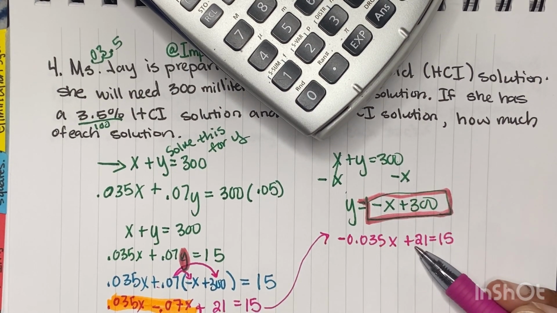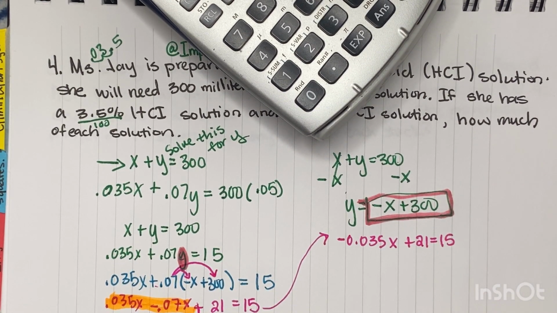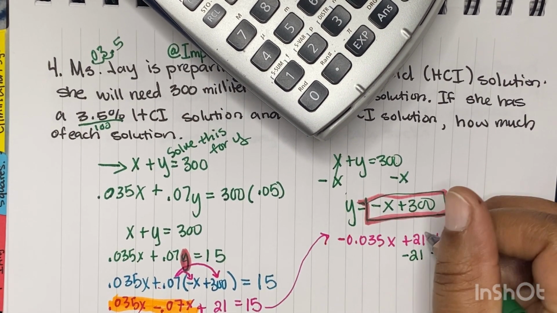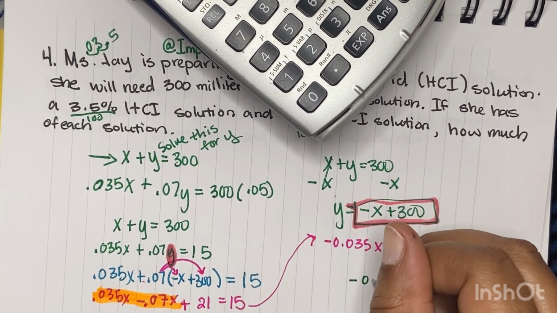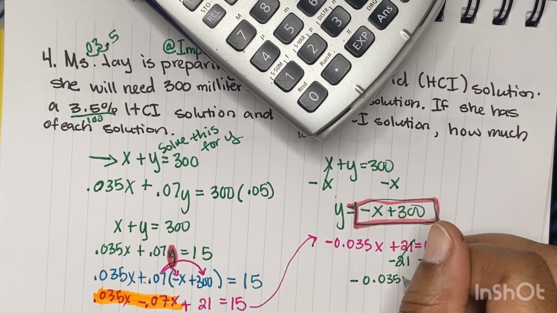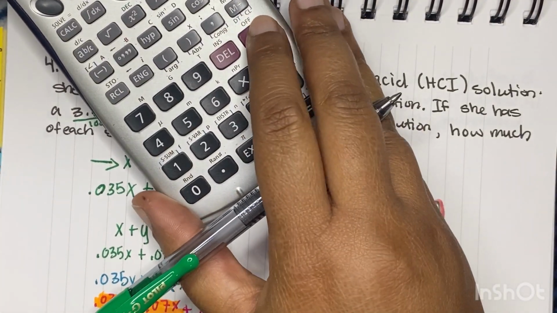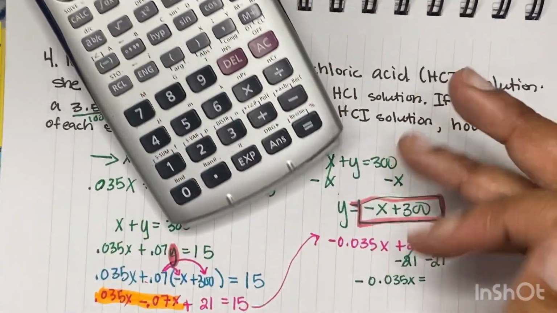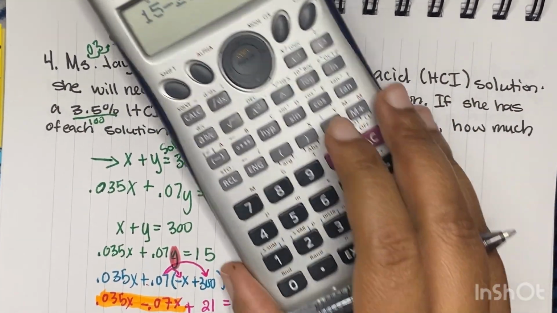Now I have to get this plus 21 to the other side. So I'm going to minus 21, minus 21. And we get negative 0.035x equals 15 minus 21, which is going to be negative 6.